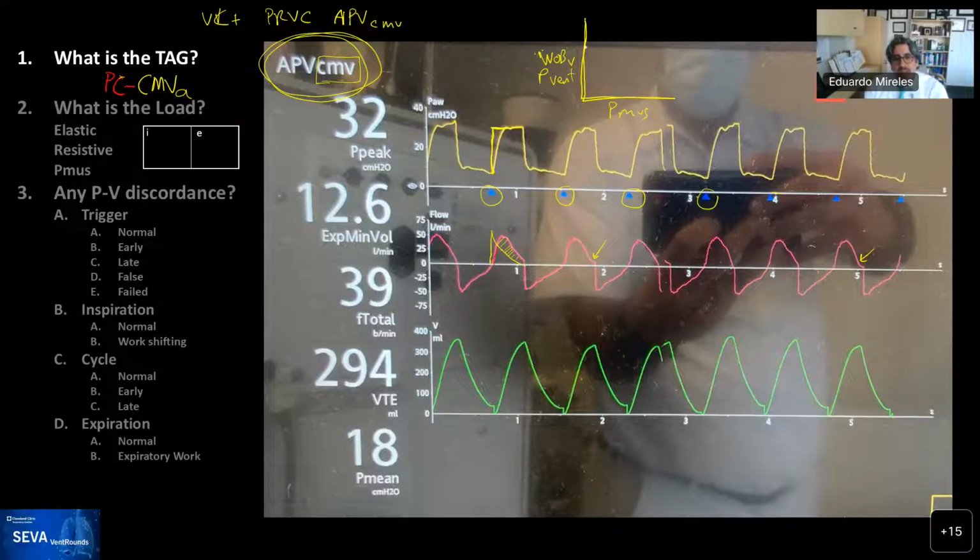When you're in adaptive, as the patient does more effort, the amount of support that the ventilator is going to give is going to go down, and so this is what happens in adaptive modes. One of them being PCCMB, as well as the other mode that does this, which is volume control CMBS. Those are the two examples.